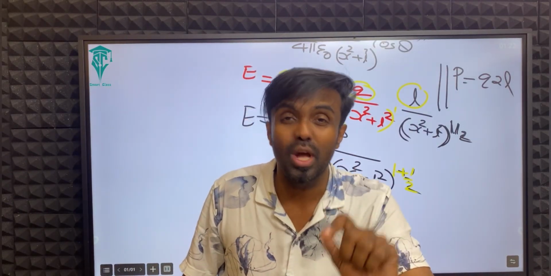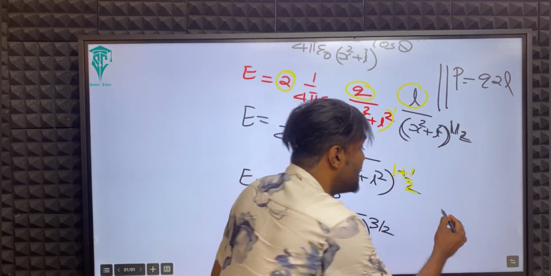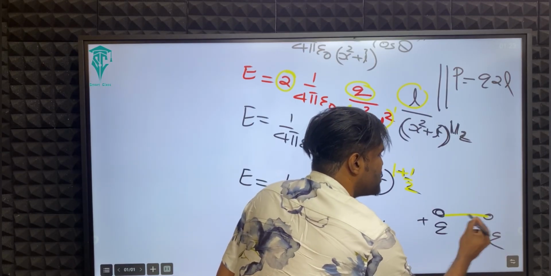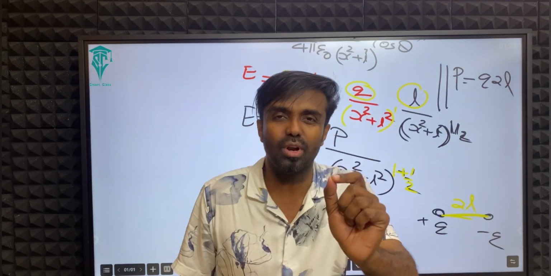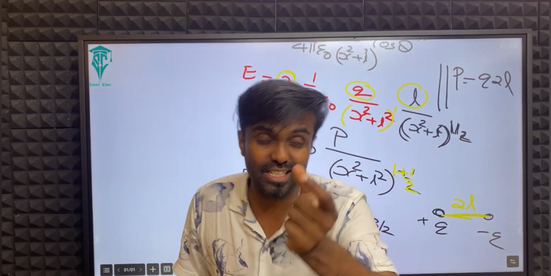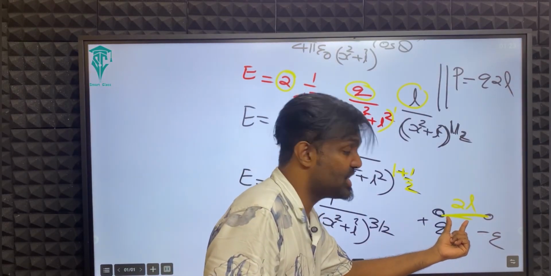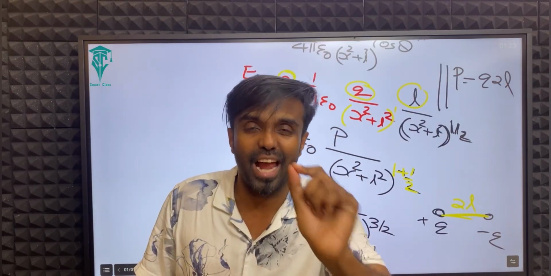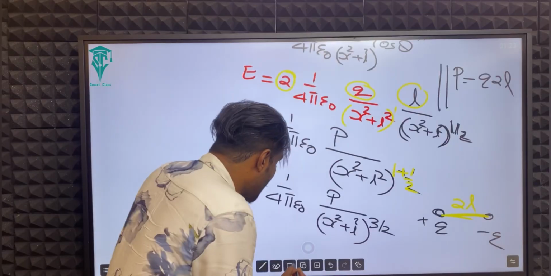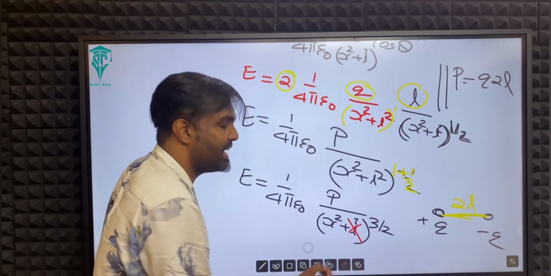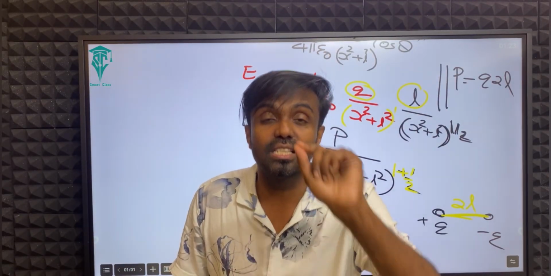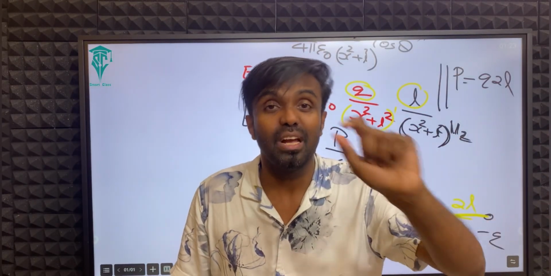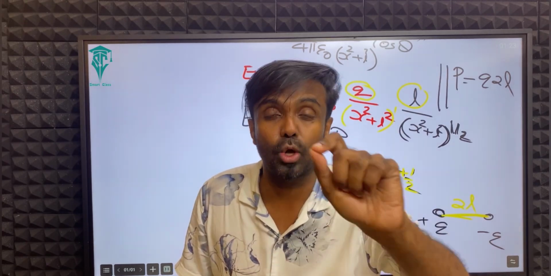And everyone knows what a dipole is: equal and opposite charges separated by a very short distance is called an electric dipole. 2L is the distance between the charges, but L is a very short distance. While calculating, please neglect the value of L square. Why? Because if L is 0.5, L square will be 0.25, which is much smaller than 0.5.